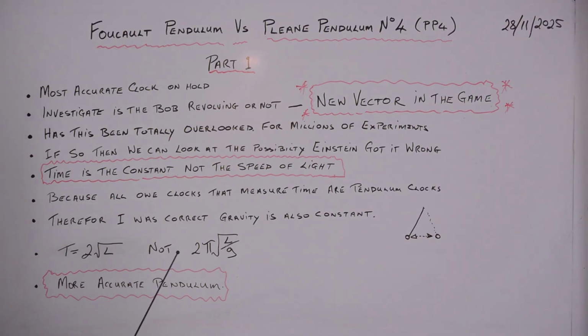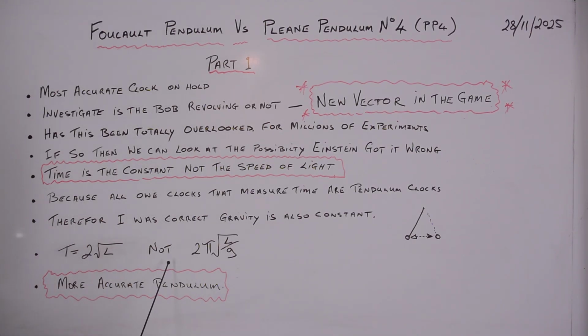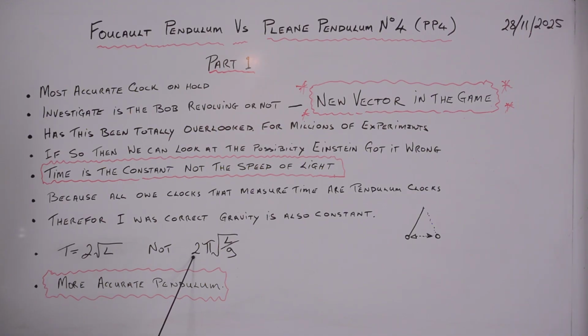Now, I was stumbling on this with my early experiments, and I came across this, remember this formula that created a fair bit of debate. My formula for the period of a pendulum is 2 times the square root of the length, as opposed to the conventional formula for the period of a pendulum, which is 2 pi times the square root of the length over g, gravity.